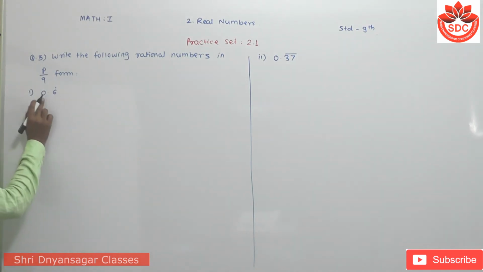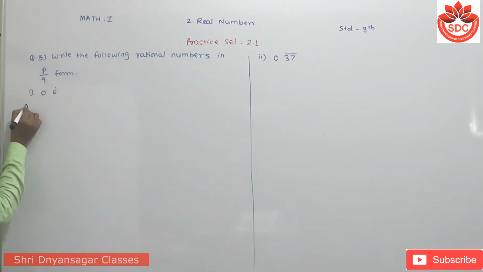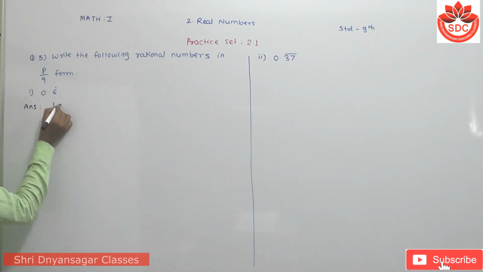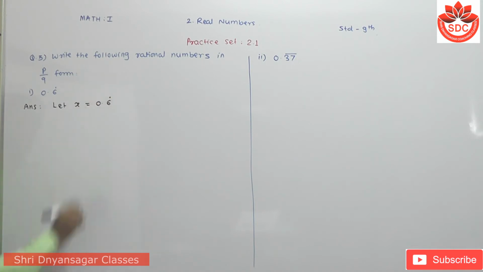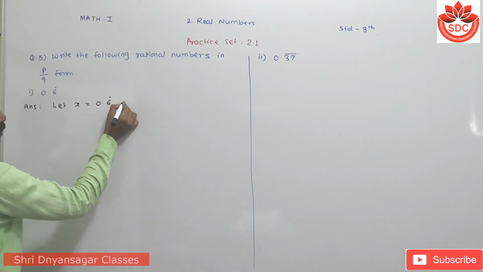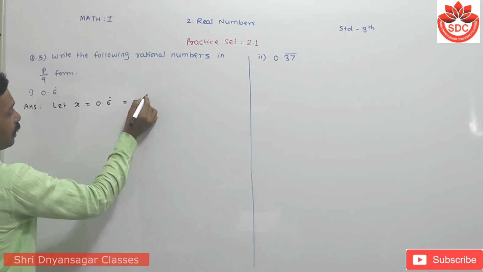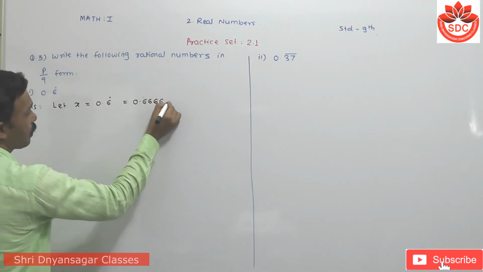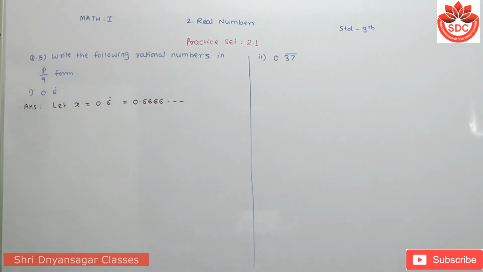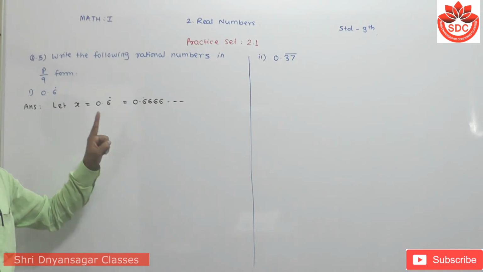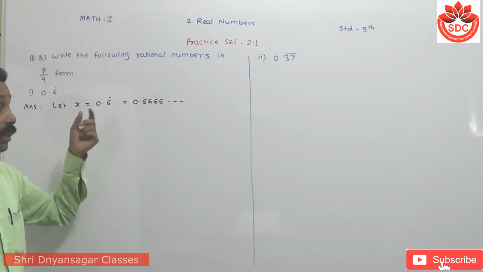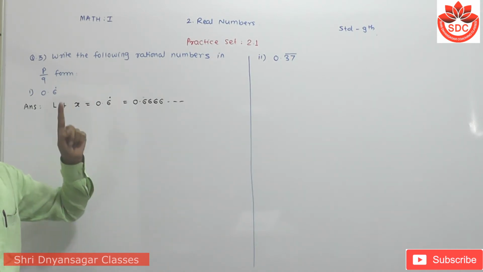Now when you observe here, let x equal 0.6 bar. 6 bar means this value comes many times. This means 6 bar is 6 6 6 and so on. Now student, here 6 is recurring, so only one digit is recurring. We discussed here: if there is one digit recurring, you have to multiply by 10.